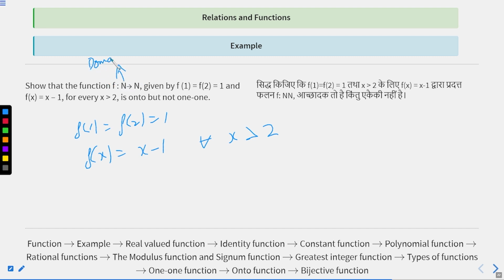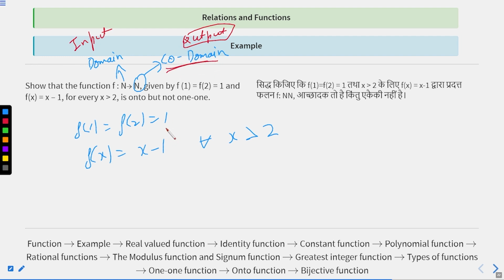So the input is a natural number, and the output belongs to the natural number set.